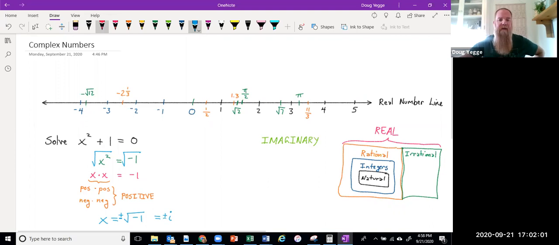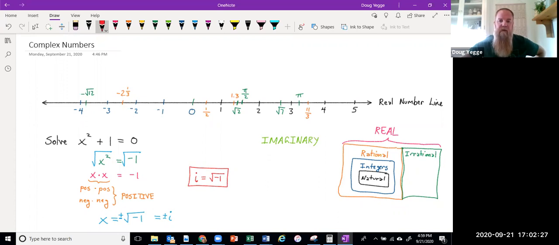So what that implies is that we now have these imaginary numbers where i is equal to the square root of negative 1. So this is just one imaginary number. There are an infinite amount of imaginary numbers, but the number i is referred to as the square root of negative 1.